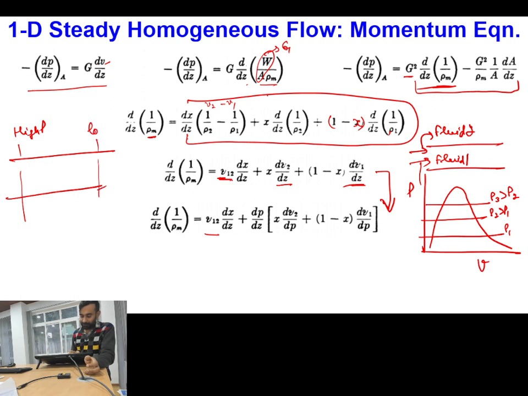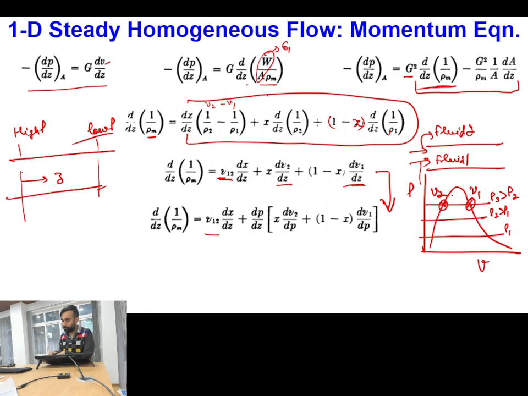Okay. So when you are moving along the z direction, you are moving from the high pressure to the low pressure side. When you are moving from high pressure to low pressure side, in the high pressure zone, your liquid and vapor will be located at these 2 points. This will be the liquid value, this will be the vapor value. So here V1 and V2 will be these 2 values.